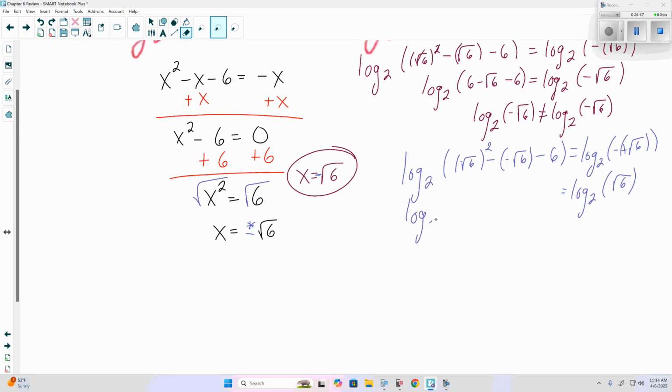For some reason, I had in my head we were doing the negative case first. The negative square root of 6 squared is going to make it positive, and the square root will cancel. It ends up being just the negative case.